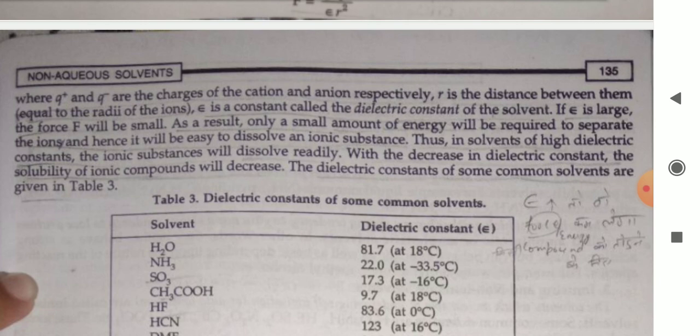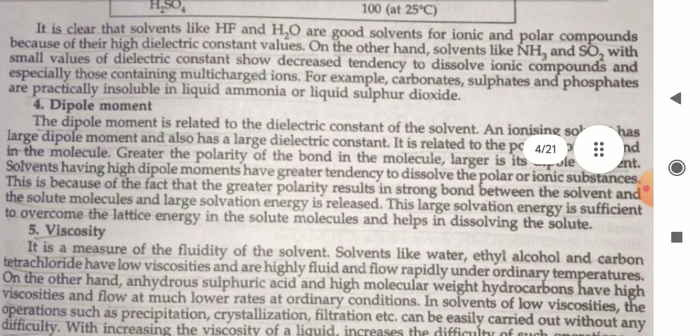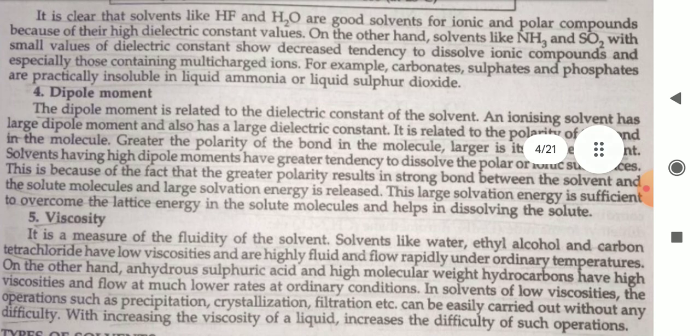Thus, in a solvent of high dielectric constant, the ionic substance will dissolve readily. With a decrease in dielectric constant, the solubility of ionic compounds decreases. It is clear that solvents like HF and H2O are good solvents for ionic and polar compounds because of their high dielectric constant value.